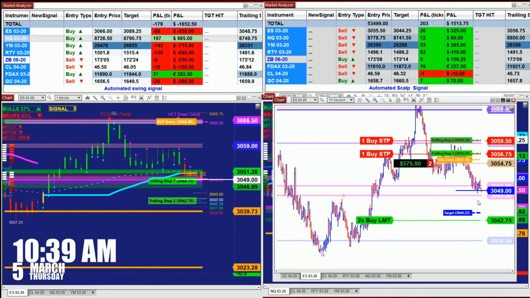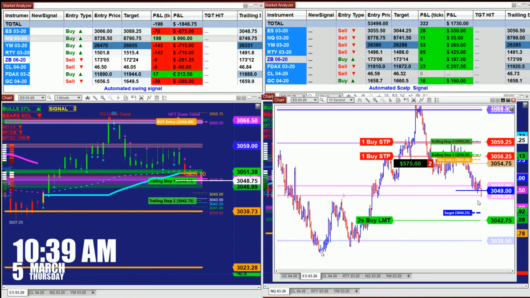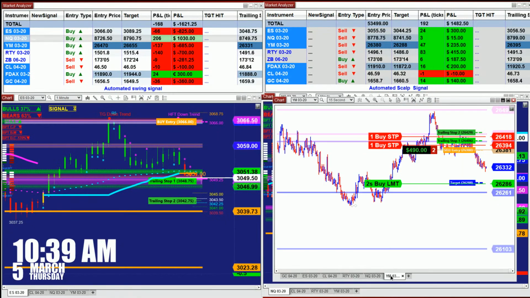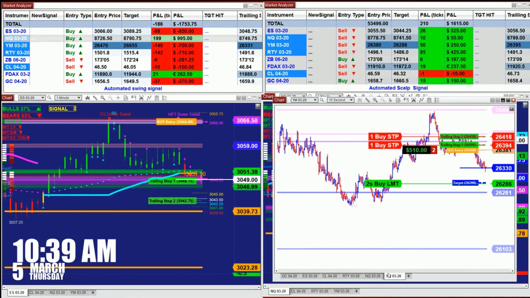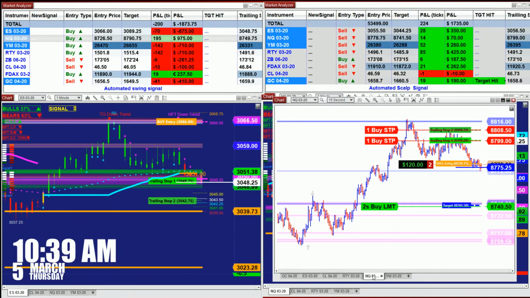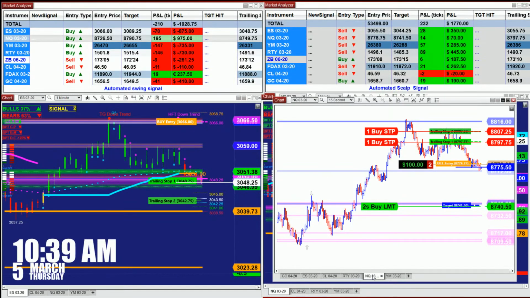So right now, let's see if the ES is able to cross the 3048. If it is, then we are going down to the 3042. This is where the automated trade estimated the target. And on the YM, we are going to the 6286.